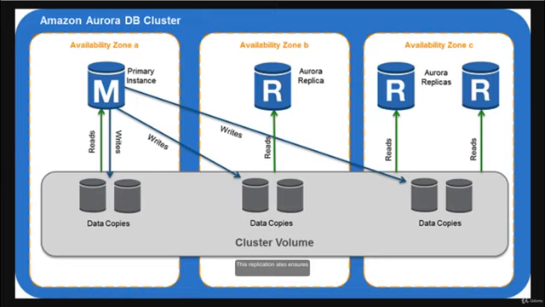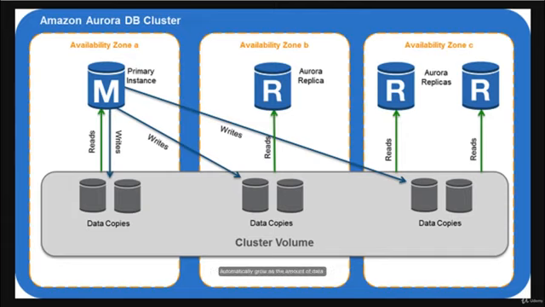This replication also ensures that your database is more available during a failover because the data copies already exist in the other availability zones and continue to serve data requests to the DB instance in your DB cluster. So Aurora storage is fault-tolerant and self-healing.